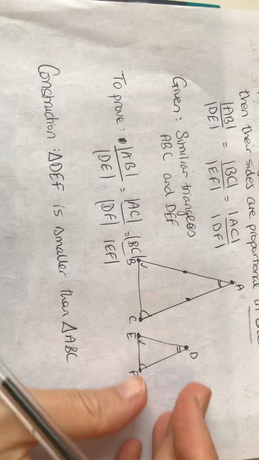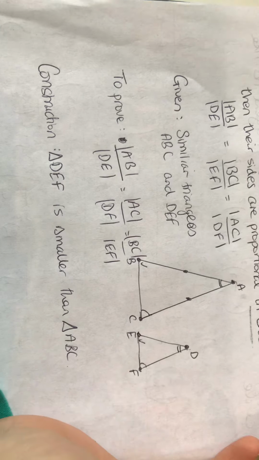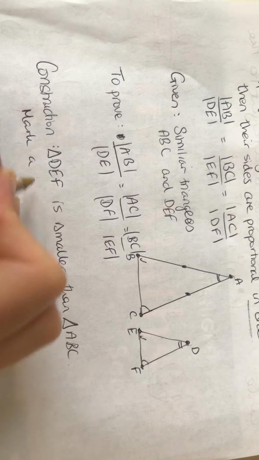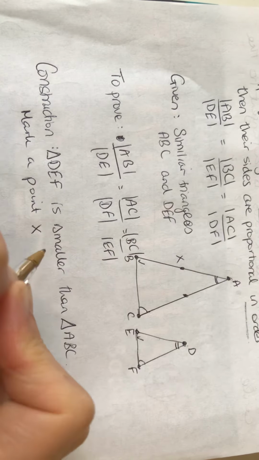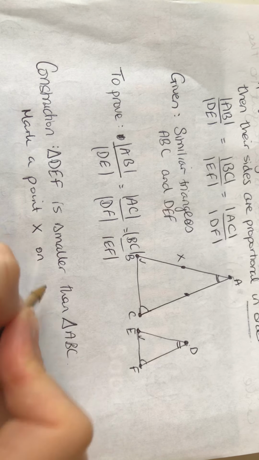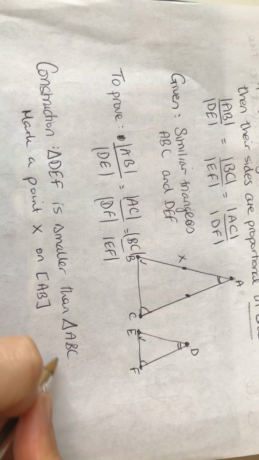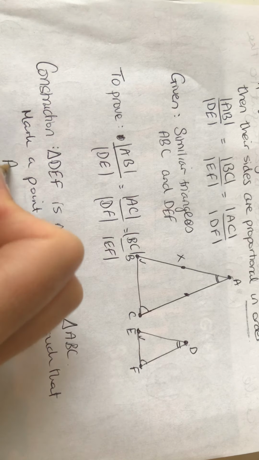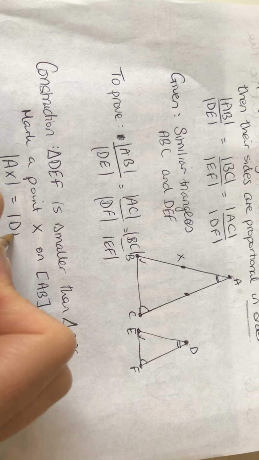So it's pretty much as though I'm picking up this triangle and putting it on here, but I'm not able to do that. So what I'm saying is I'm marking a point X on AB such that the length of AX is equal to the length of DE.